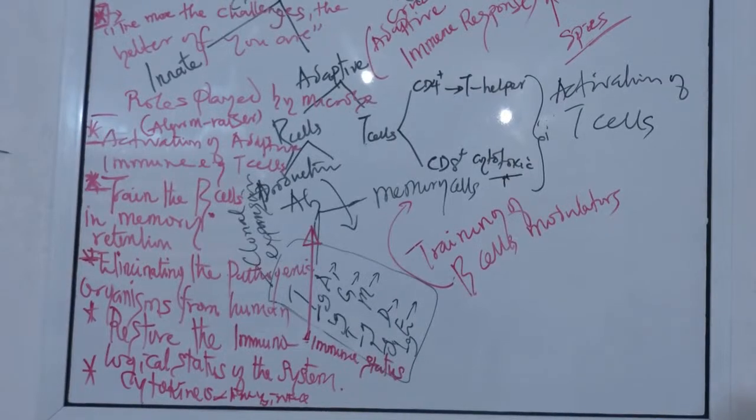We have mentioned that they act as immune modulators because, number one, they raise the alarm and activate the adaptive arm of the immune system. Apart from that, they play a crucial role in training the B cells in memory retention. We also mentioned them as helping in the elimination of pathogenic organisms from the human body.